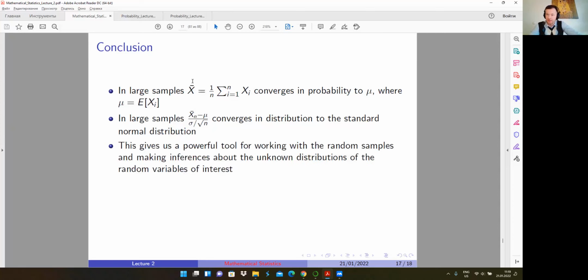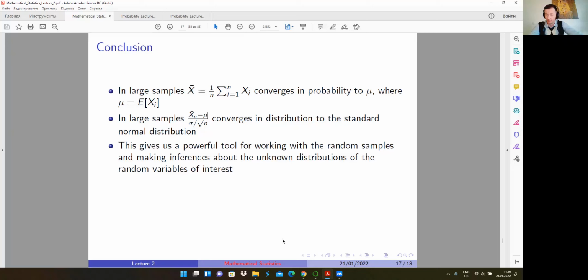So this gives us a powerful tool for working with random samples and making inferences about the unknown distributions of the random variables of interest. Because now, with the help of these two things, we can make a lot of interesting conclusions, even if we don't know anything about the underlying random variable.